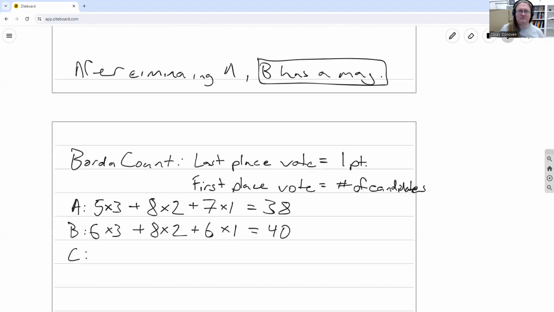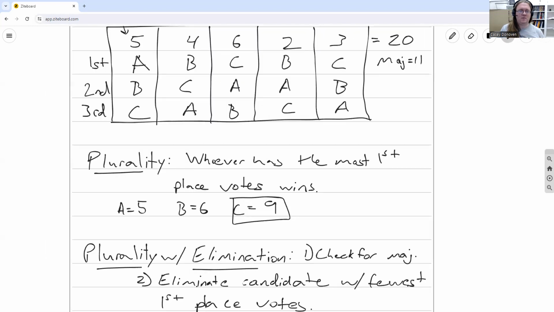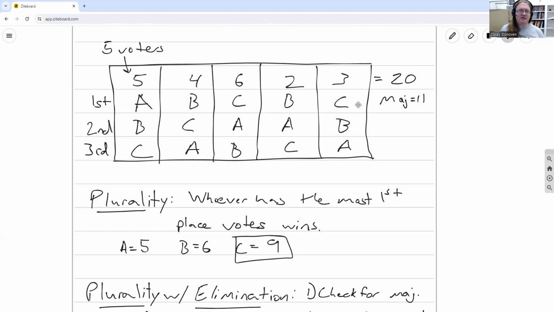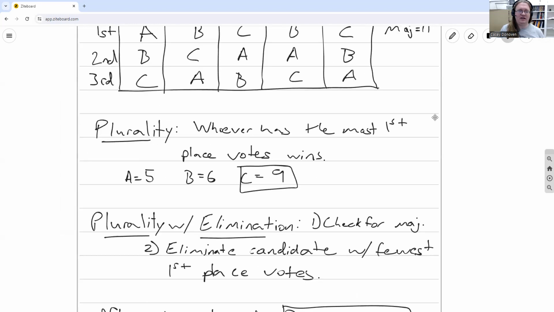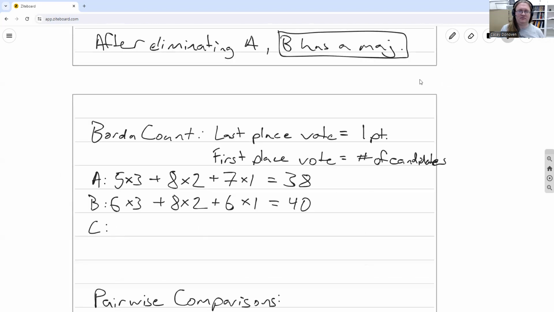And then C has 9 first place votes, only 4 second place votes, and 7 last place votes. So with 9 first place votes, each one worth 3 points, 4 second place votes, each one worth 2 points, and 7 last place votes, each one worth 1, we can add this up.